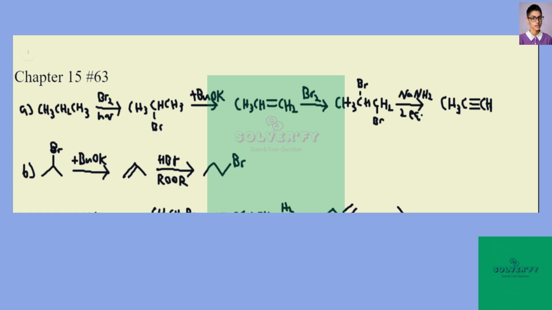So just as we did in part B of this problem, we'll use HBr, but we'll use it with peroxide. So it'll be radical conditions, and that is going to add our bromine to the end of the chain here. And that's the molecule that we're looking for.